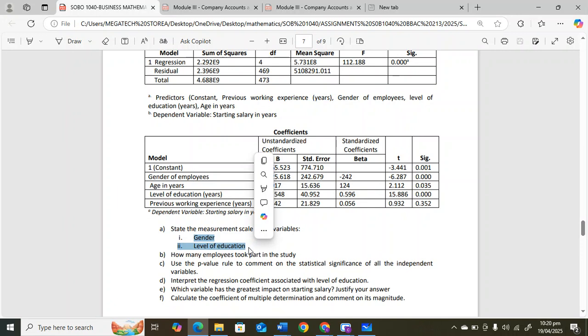Do you remember the nominal scale and the ordinal scale?